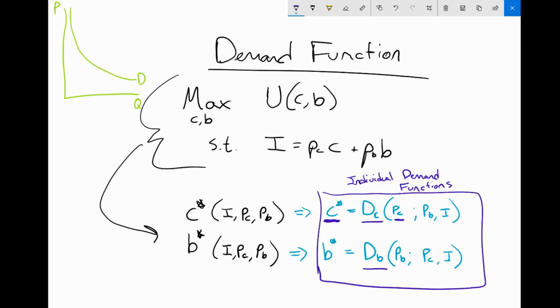It is a function that has the variable, the price of coffee, and tells us how many cups of coffee they will demand given that price of coffee. So this is a demand function. So when we solve the utility maximization, what we get, when we have C star and B star, are demand functions. We just have to rethink about them conceptually.